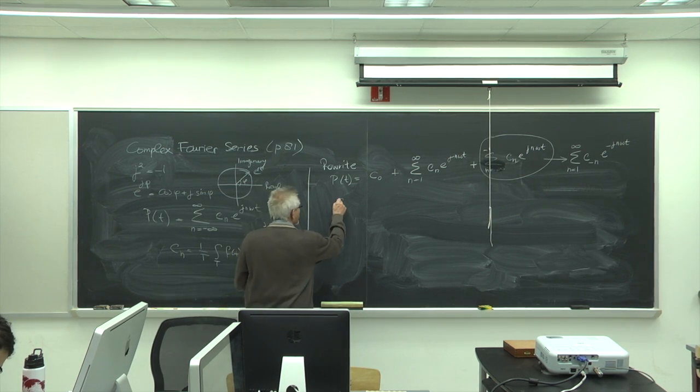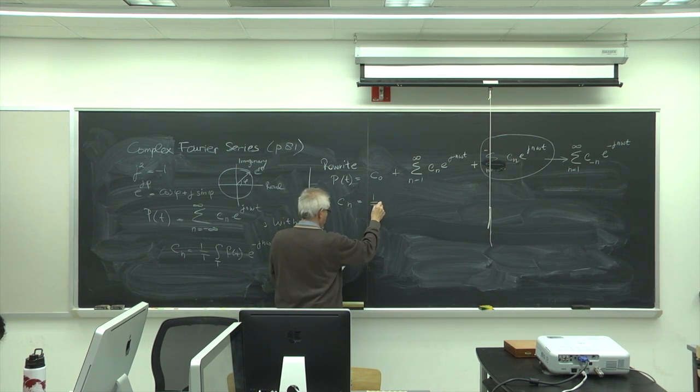And then we're going to rewrite this thing, c n, using our Euler friend here.